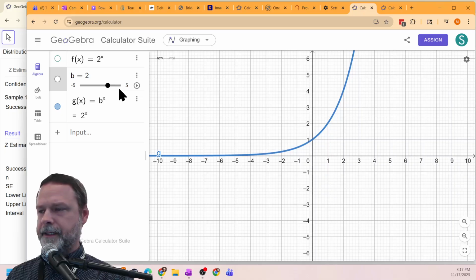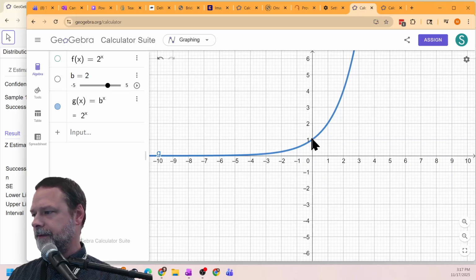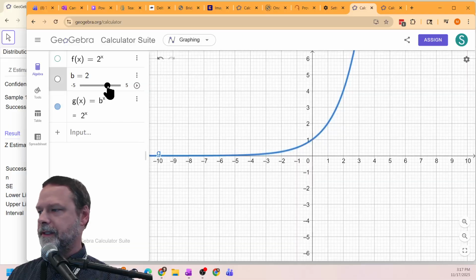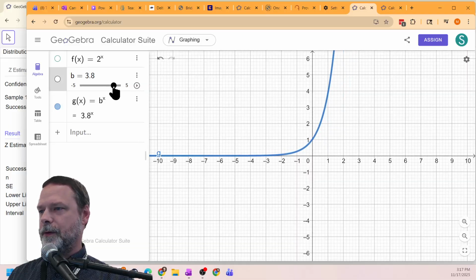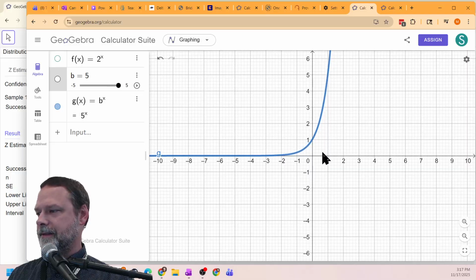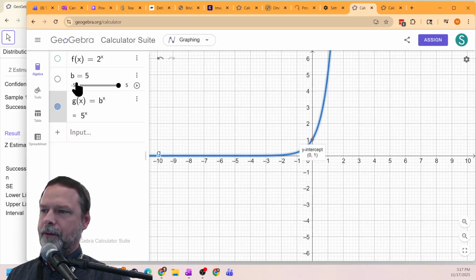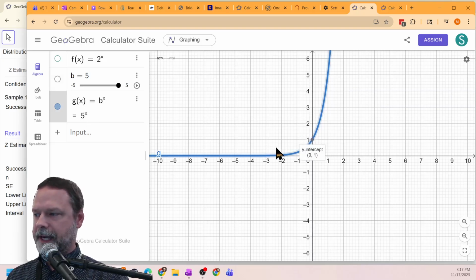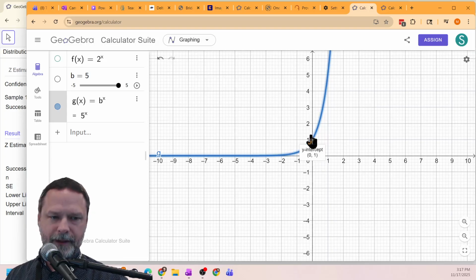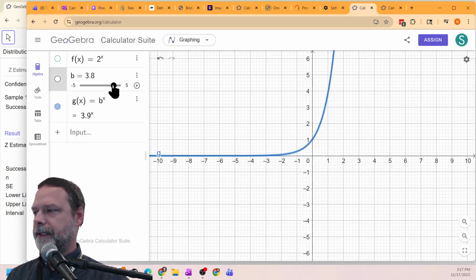We have this graph. We have our intercept here, 0, 1. And you'll see that intercept doesn't change. 4 to the x, 5 to the x. It's getting steeper, that's all. And it gets closer to 0 faster. But it's always going to have that point 0, 1, because anything to the 0 power is 1. So this is a general idea of what it looks like.